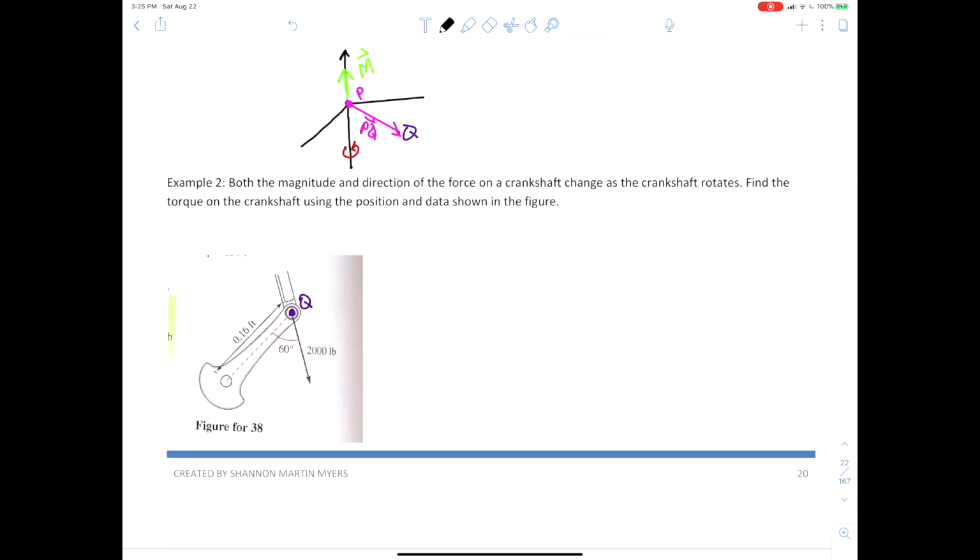So if we make a little picture, okay, so this will be I, j, and k, and remember they're unit vectors, all right? And now we want to find this moment vector, right? This moment vector.